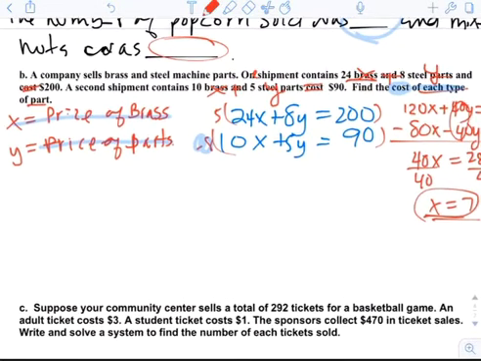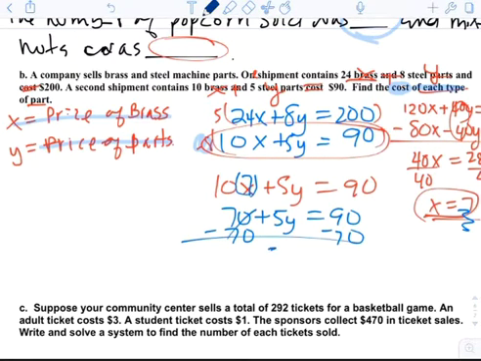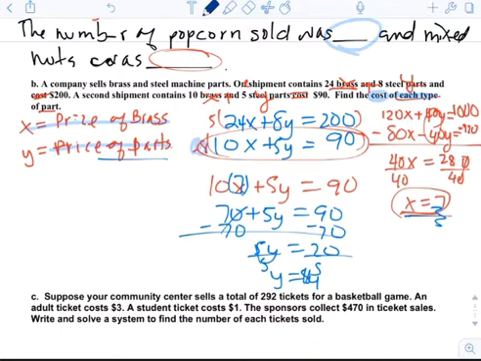The cost of brass is $7, and then use substitution. Probably use that one: 10x plus 5y equals 90. So I put 7 where x is. So 70 plus 5y equals 90. Minus 70, 5y equals 20. Y equals $4. So the steel parts are $4. The brass are $7. That's what you need to put.